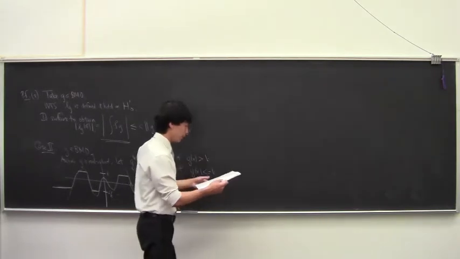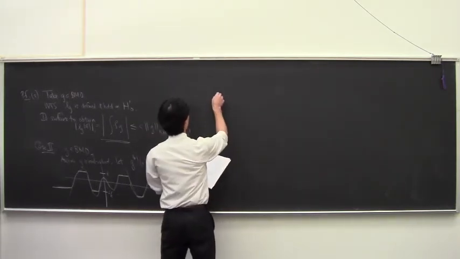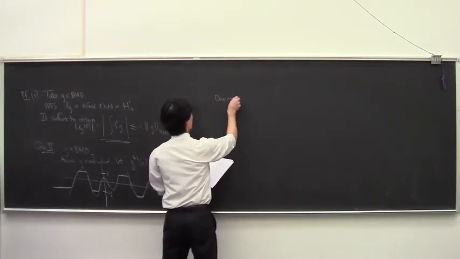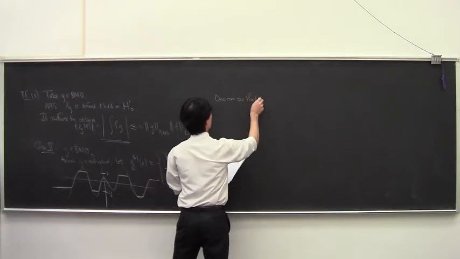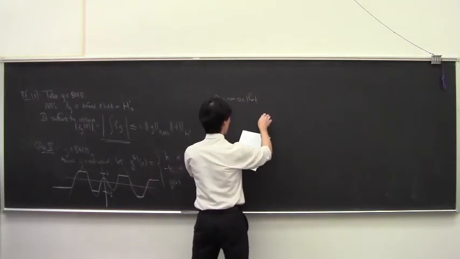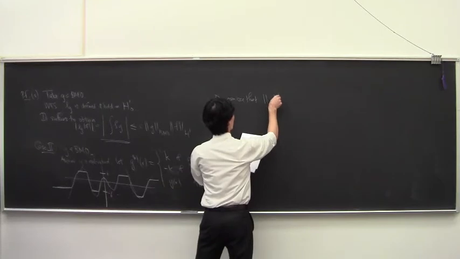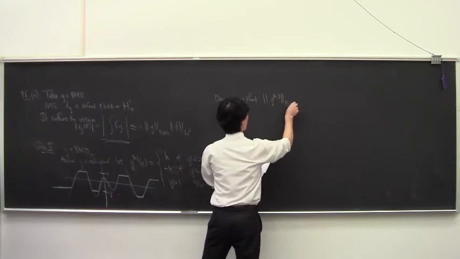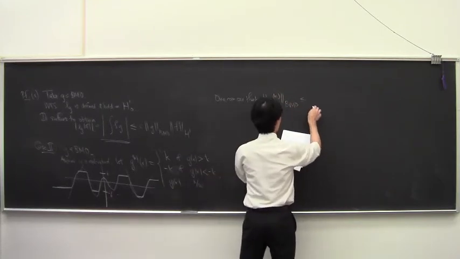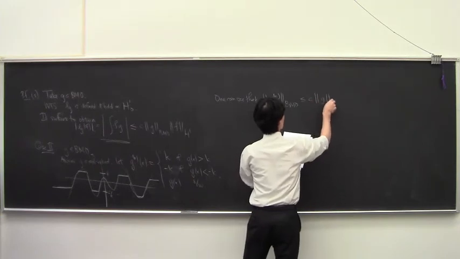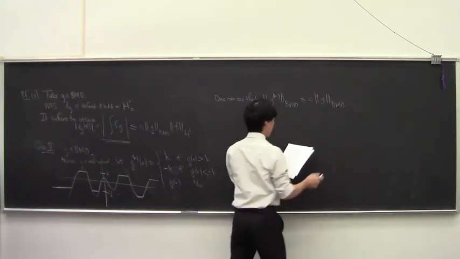And then you approximate. One can see that it's possible to see that the BMO norm of this guy is controlled by some constant times the BMO norm of the original.